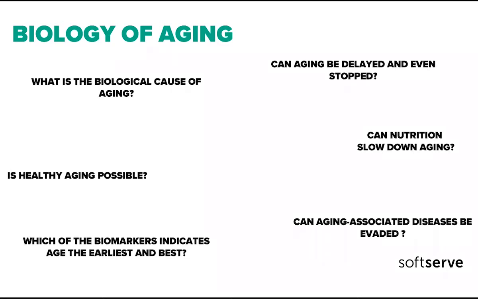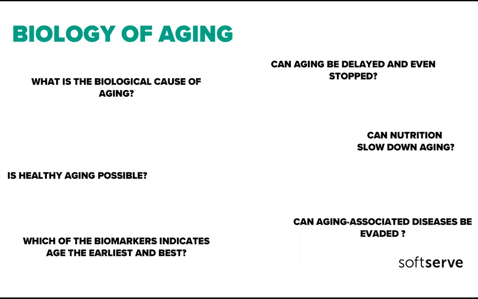Also, one topic is can nutrition slow down aging, and actually there are many research projects around that. And of course, there are many aging-associated diseases, and we think that probably once we understand aging, we might be able to somehow evade those.